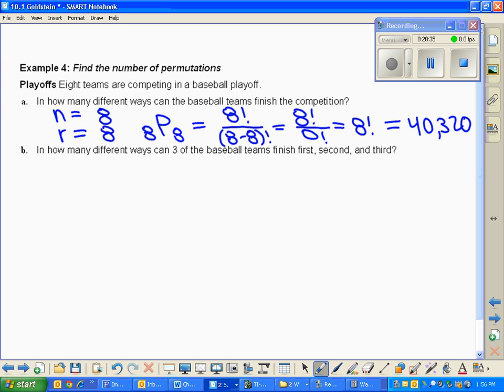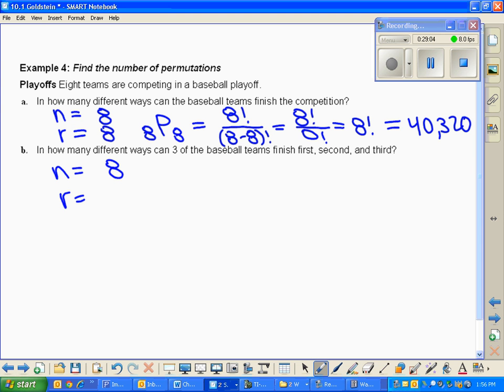Very nice. All right, let's see if we can work through this one. In how many different ways can 3 of the baseball teams finish in first, second, and third? So what is our n here? I hear a couple different things. I hear 3 and I hear 8. 8 is the total, and that is n.